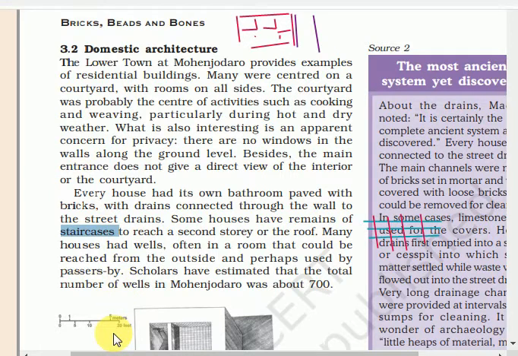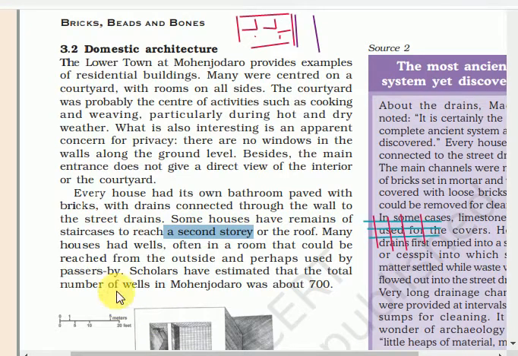Archaeologists suggested that these staircases were used to reach the first floor or second floor. It means the houses may have been two-story buildings.